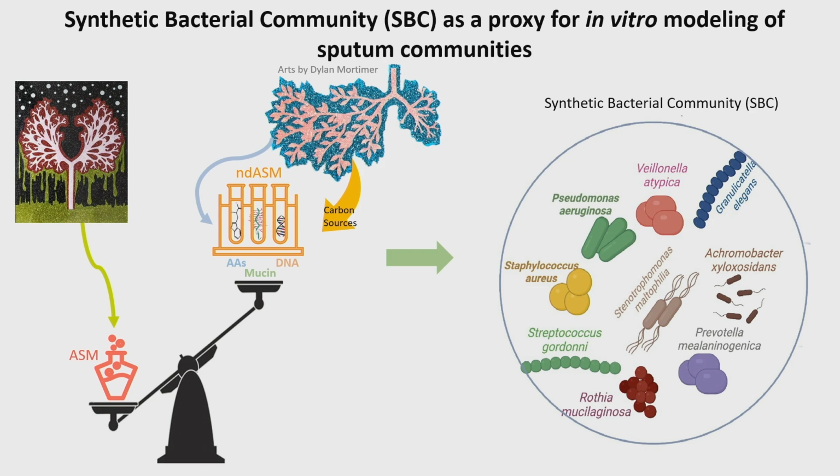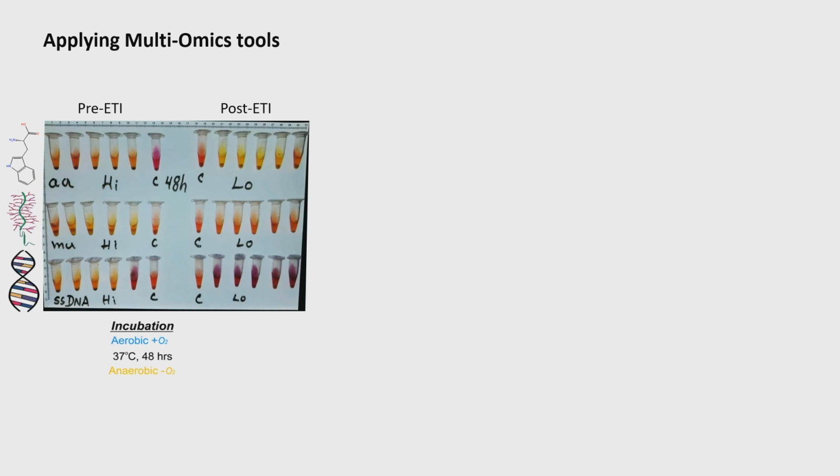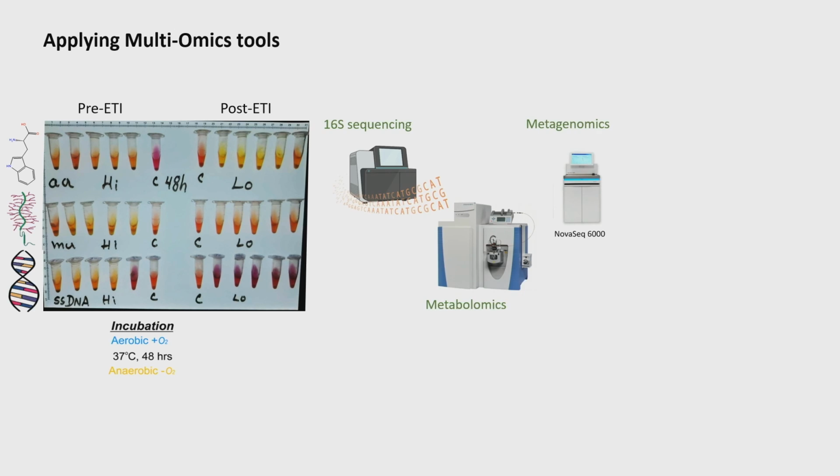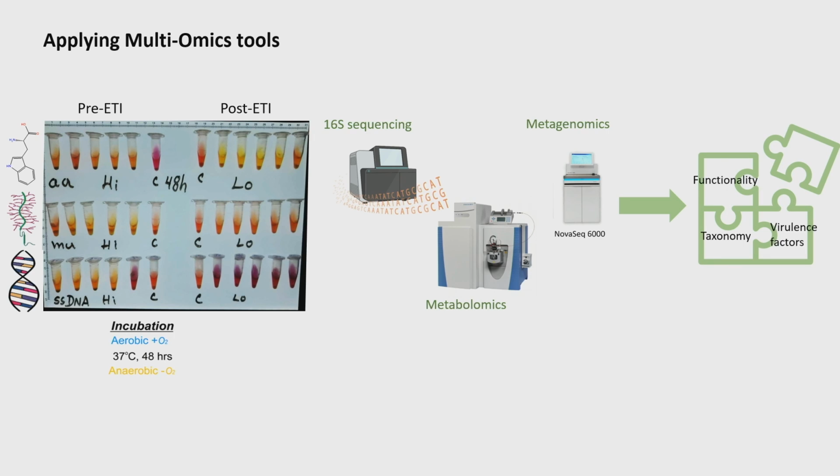When we had this microbial community assembled, I incubated it in our artificial sputum media full of nutrients and with nutrient depletions, in aerobic and anaerobic conditions, and after 48 hours, we analyzed these samples by 16S, metagenomics, and metabolomics, generating data about functionality, taxonomy, and metabolites.